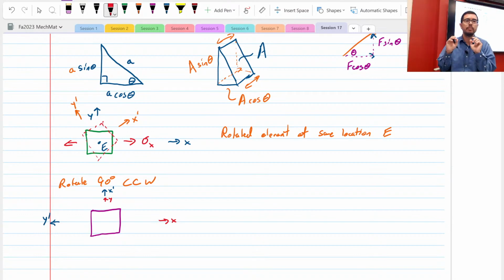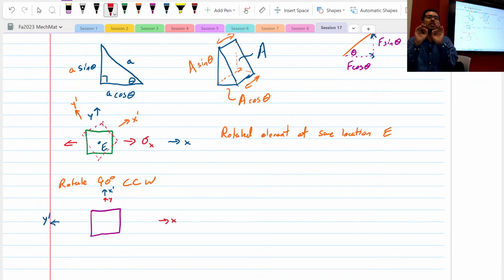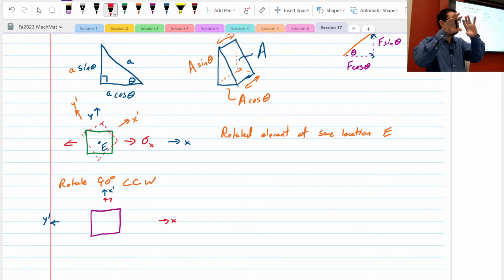The state of stress, or the direction of the stressing arrows, shall we say, or the vectors of stress, those have not changed in this case. So the stress is still sigma x, like that, still sigma x.